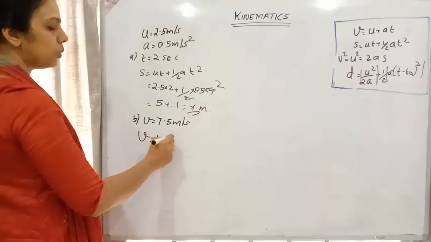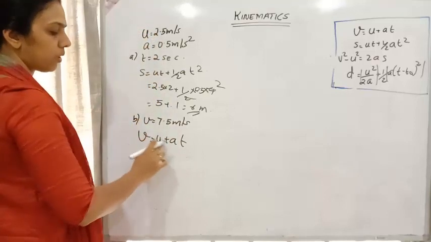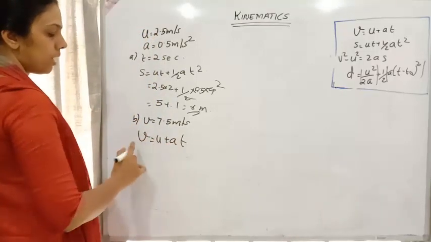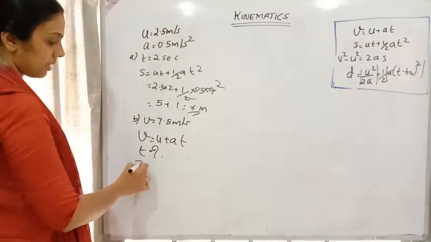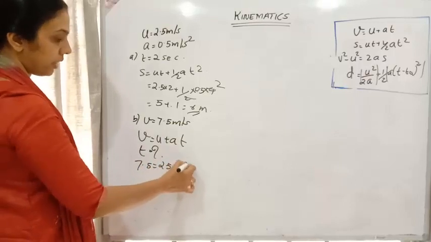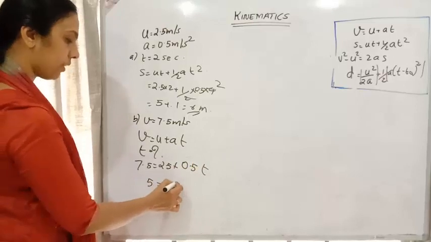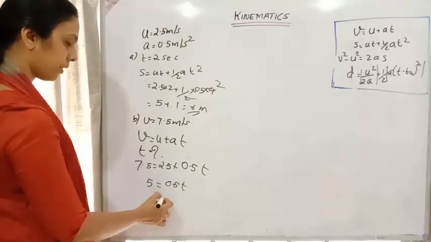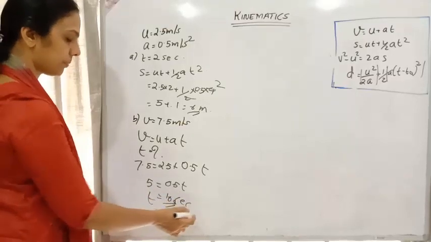We need to find time, so v is equal to u plus at. Therefore 7.5 equals 2.5 plus 0.5 into t. So 5 equals 0.5 t. Therefore t equals 10 seconds.